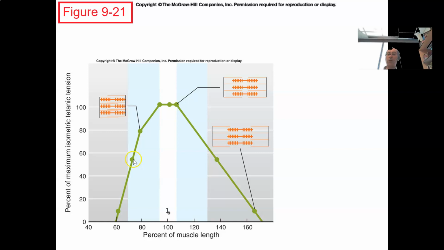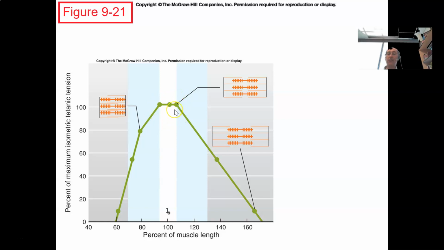And you draw a line straight across to the amount of force being produced. And you can see that it's roughly 55% of the force.